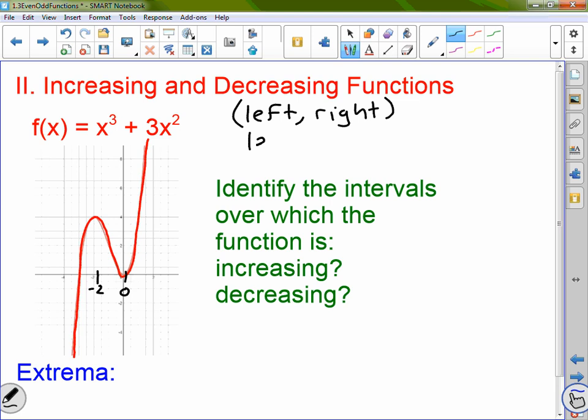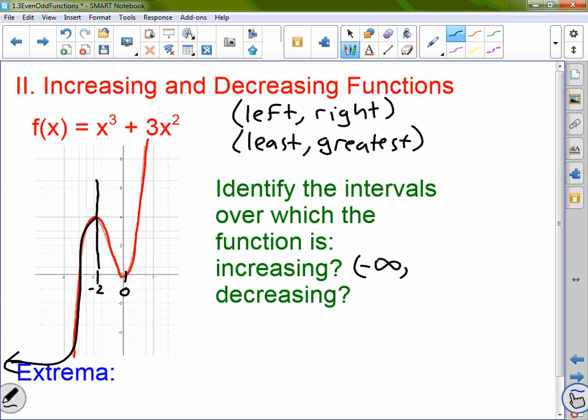So the least, comma, greatest. If I start all the way over to the far left, we call that negative infinity. So I can say this is increasing from negative infinity all the way up to that x value. I don't care how high it is, I care that it stops. So that x value is -2.